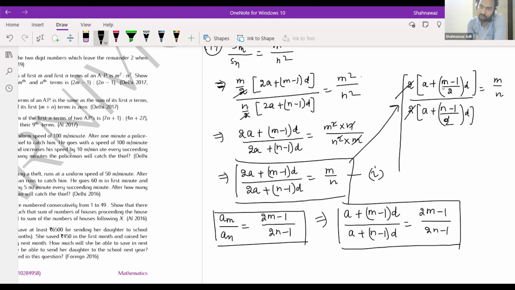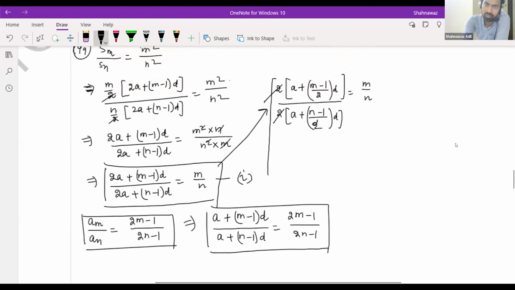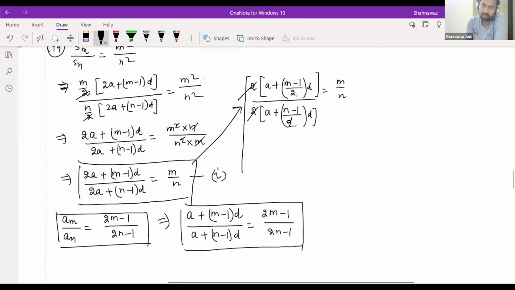So to get m minus 1 in this part, what will I do? Just compare this with this. Or what you can do is write a plus m minus 1 by 2.